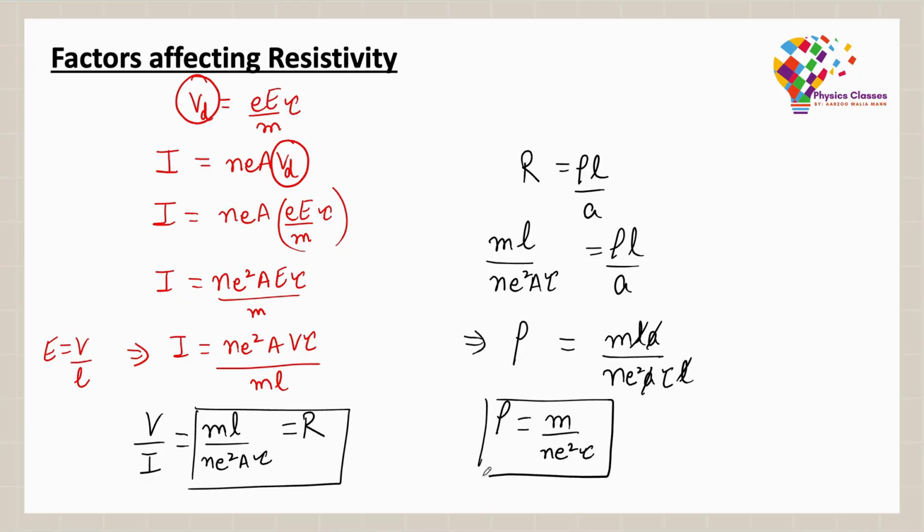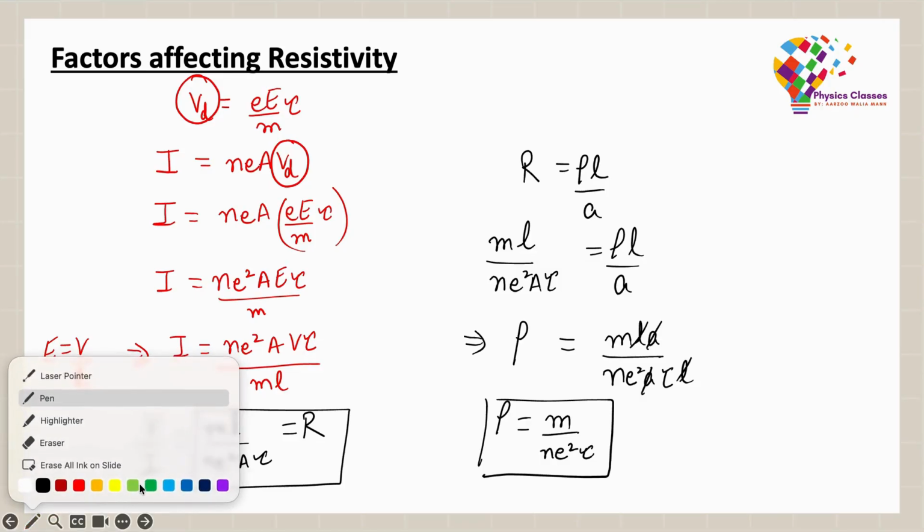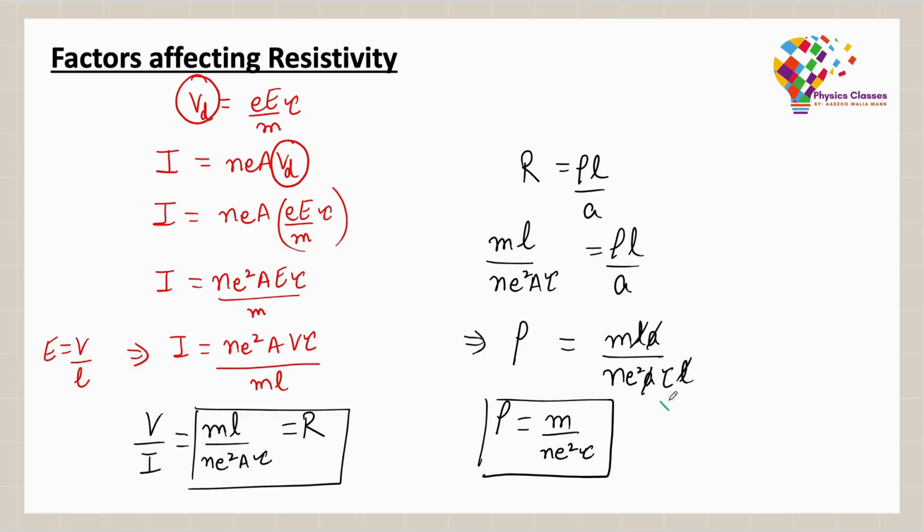Now from this expression we can conclude certain things. First one, over here you can see that my rho is directly proportional to m, or more appropriately, my resistivity depends on the number of free electrons per unit volume, and my rho is also inversely proportional to tau.